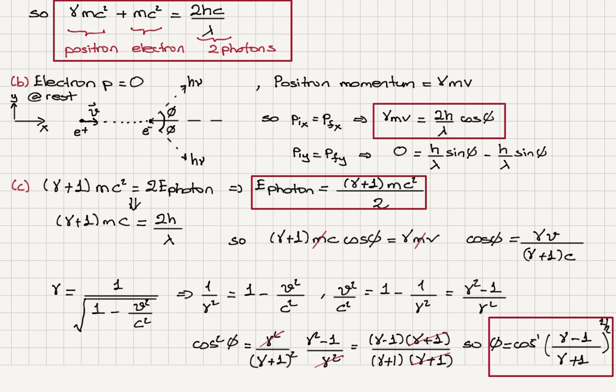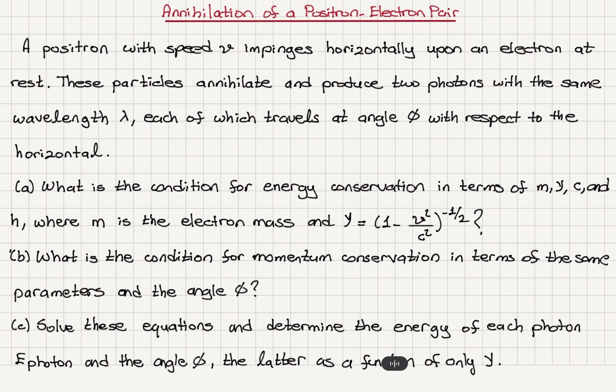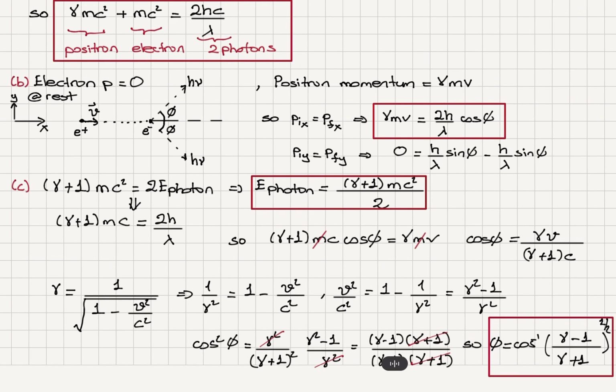So that's what we were supposed to find. Phi only as a function of gamma. So we have obtained phi only as a function of gamma. It's cosine inverse of gamma minus 1 over gamma plus 1 to the power 1/2.